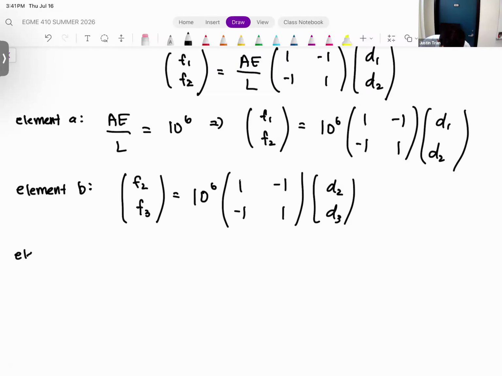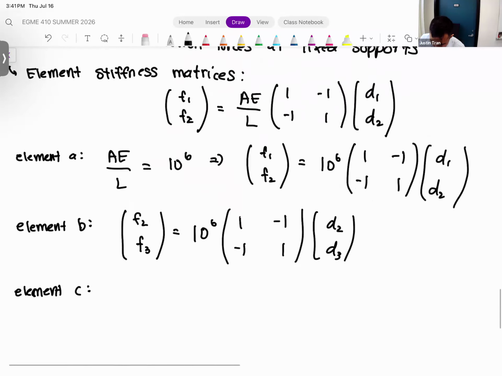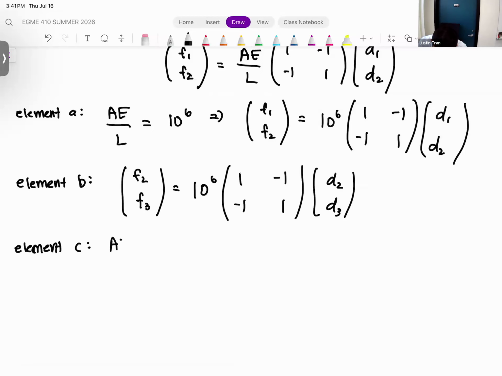Good. And then finally, element C. Element C does have different properties, right? The Young's modulus is less and the cross-sectional area is more. So let's go ahead and compute those out. We have AE over L for element C. The cross-sectional area for element C was given to us as 4 inches squared.